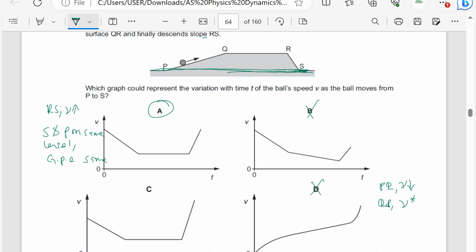The gravitational potential energy gained to move from P to Q should be equal to the gravitational potential energy lost to move from R to S. And the loss in gravitational potential energy along RS should be equal to the gain in kinetic energy.